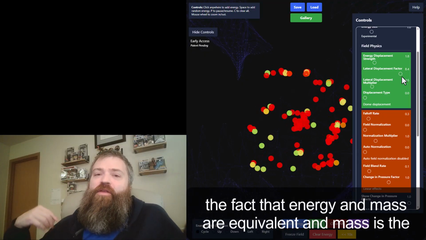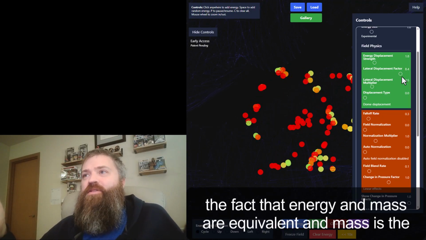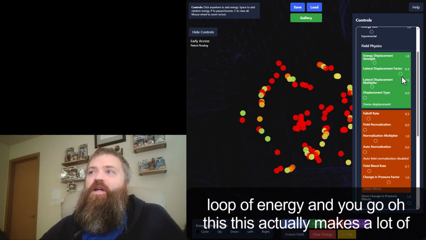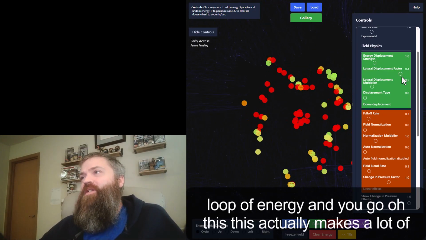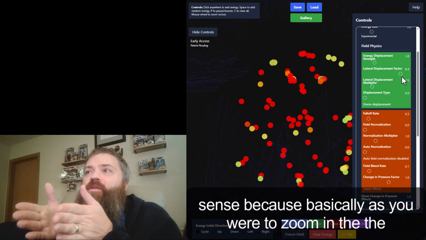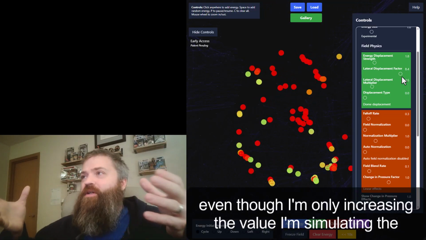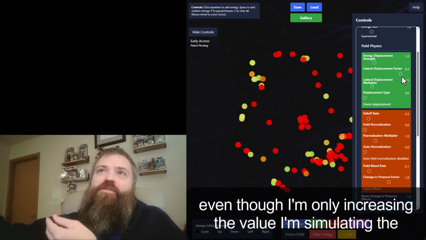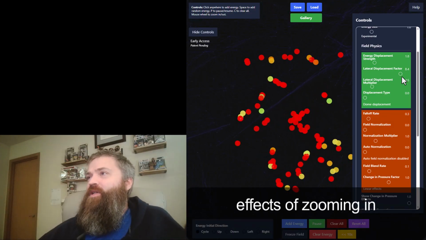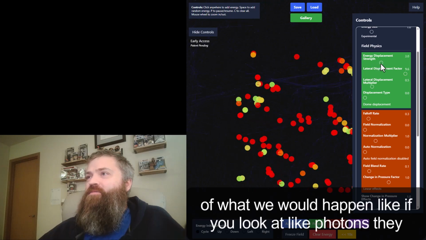And you think about the fact that energy and mass are equivalent. Mass is the loop of energy. And you go, oh, this actually makes a lot of sense, because as you were to zoom in, the displacement of the energy would seem to get bigger. So even though I'm only increasing the value, I'm simulating the effects of zooming in, because that's what would happen.